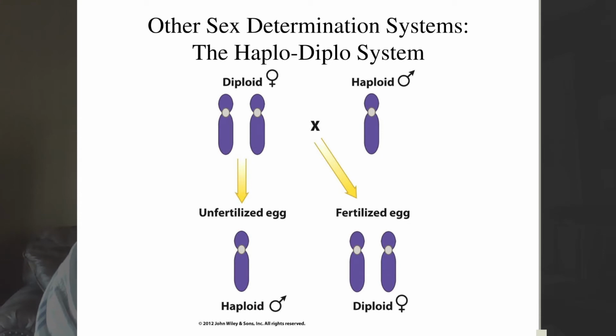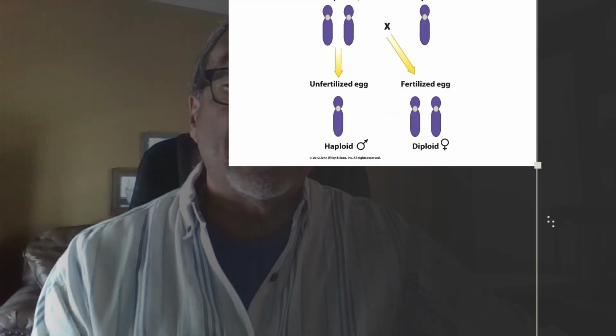The process of an unfertilized egg developing into a complete organism is called parthenogenesis. So we've got an interesting situation here. This particular system is often found in insects, and in particular the social insects.